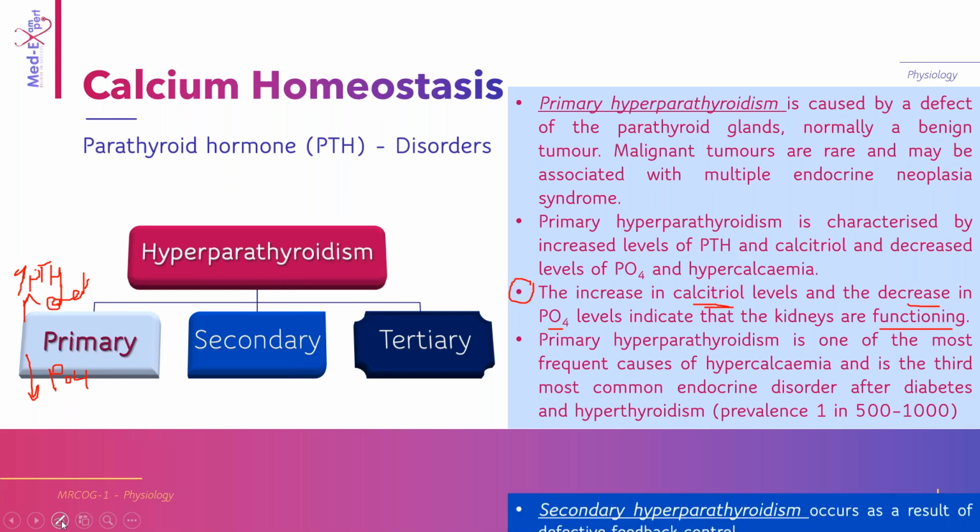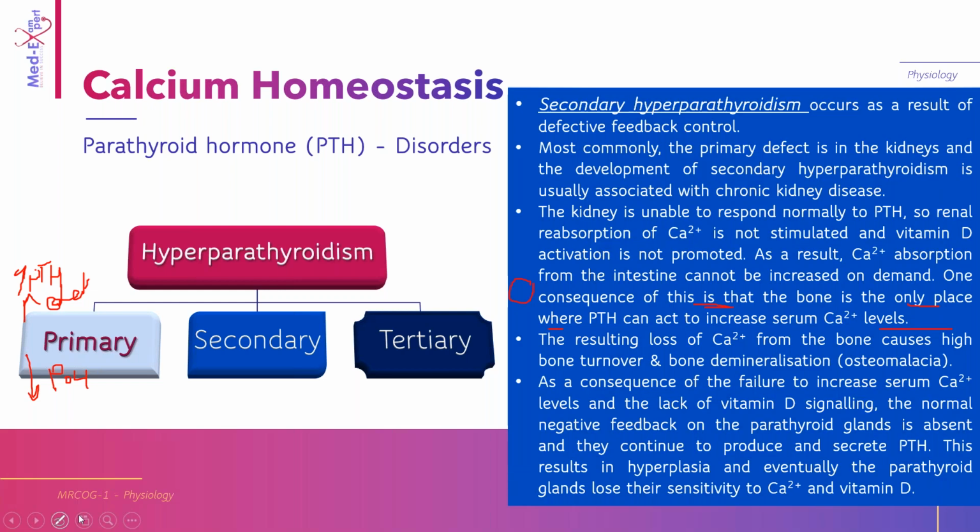Now, when we talk about secondary hyperparathyroidism, it is due to a defect in the feedback control. Most commonly, the primary defect will be in the kidneys, and secondary hyperparathyroidism is usually due to chronic kidney disease. Why?